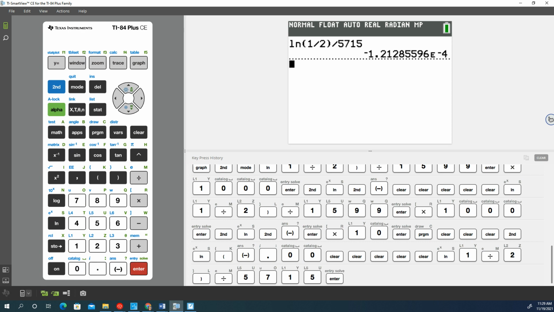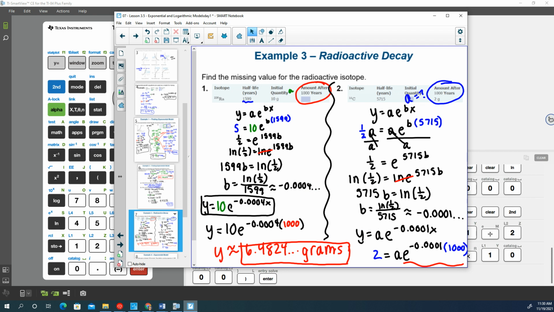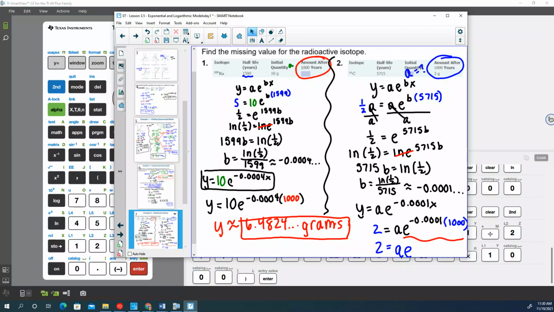Okay, there's that exact one. Yeah, we should use our calculator for this. So we want to do e, I would use parentheses, to the power of that answer. That'll feed in that exact decimal times my year was 1,000. So I get that number. Okay. So that's what this number is. So we're going to do 2 divided by that mess.